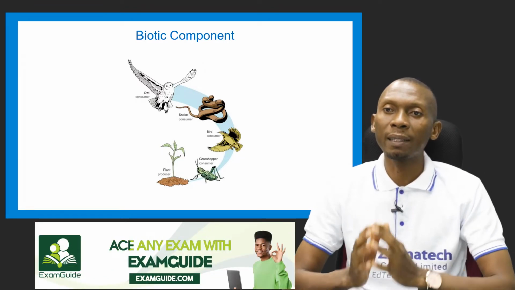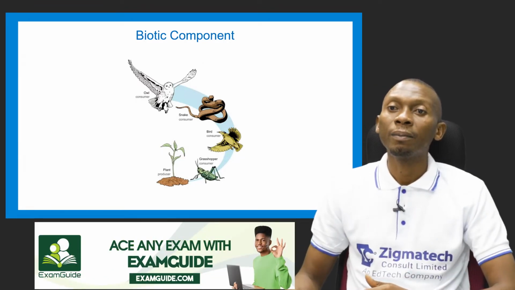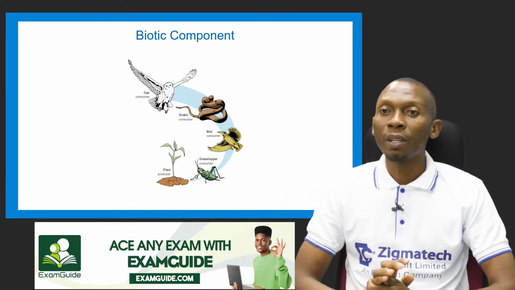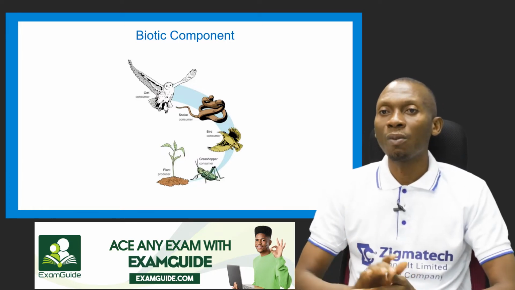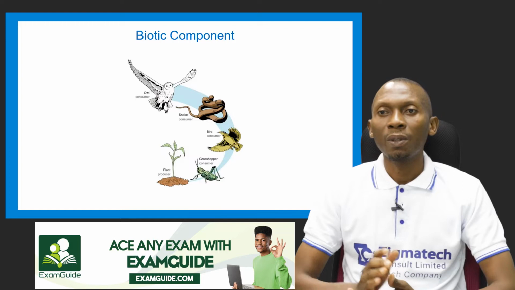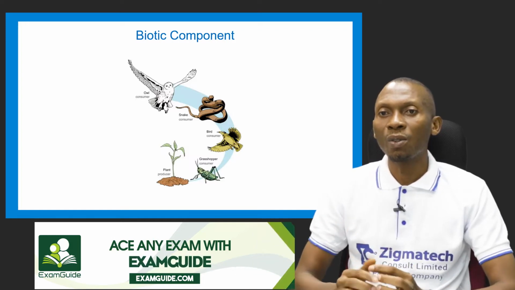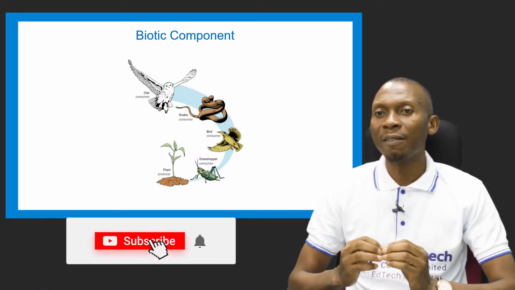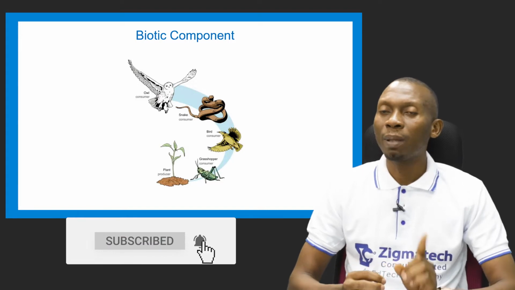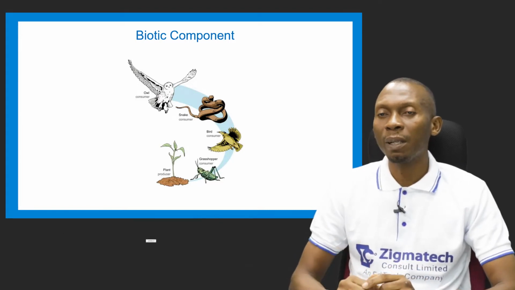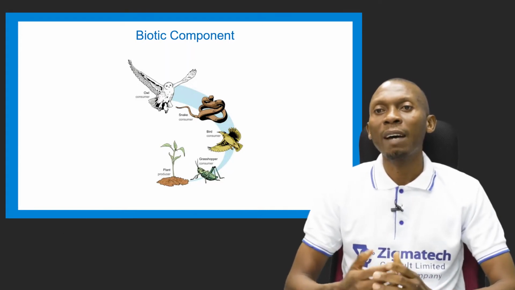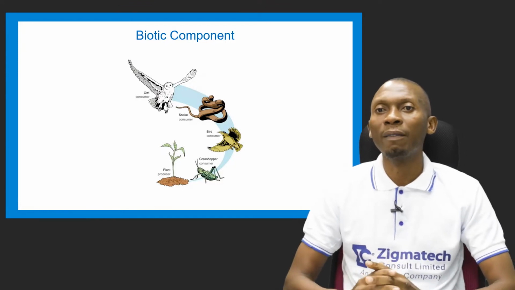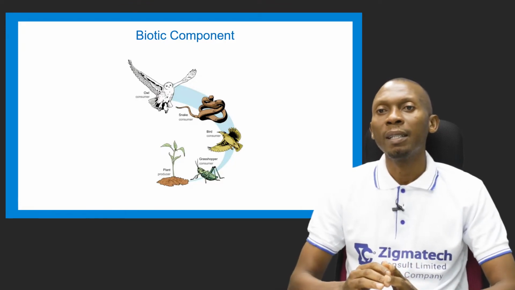And moving up, you can see that the bird feeds on the grasshopper. So that bird is also obtaining energy indirectly from the plant by feeding on the grasshopper. Then we also have the snake consuming the bird, and we have the owl consuming the snake.